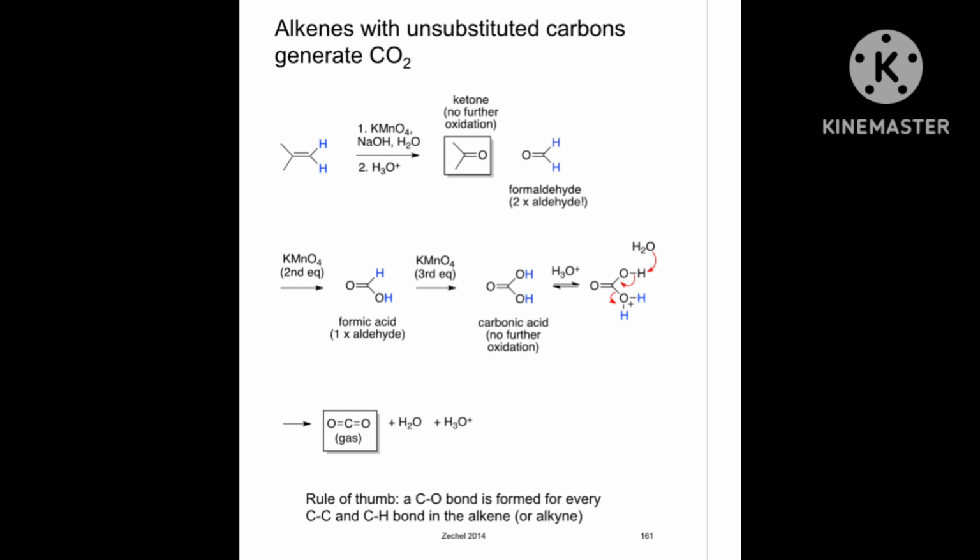And one thing I want to tell you: with the aqueous solution of potassium permanganate, the Baeyer reagent, if the reaction takes place, then KMnO4, which is a purple color, will lose its color when it reacts with alkene.